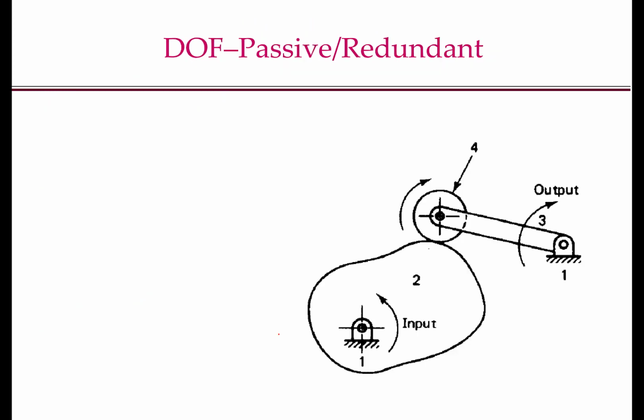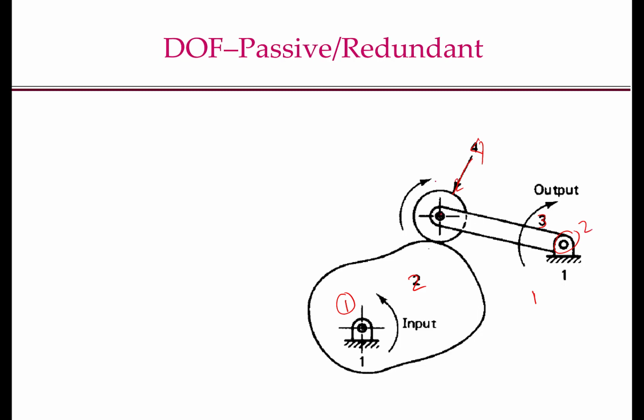Let's consider another example where Gruebler's equation may give misleading results. Let's consider the mechanism here. How many links do we have? The links are marked out. The ground is 1. This is the link 2, link 3, and link 4, which is the roller here. How many joints do we have? 1 revolute joint here, second revolute joint here.